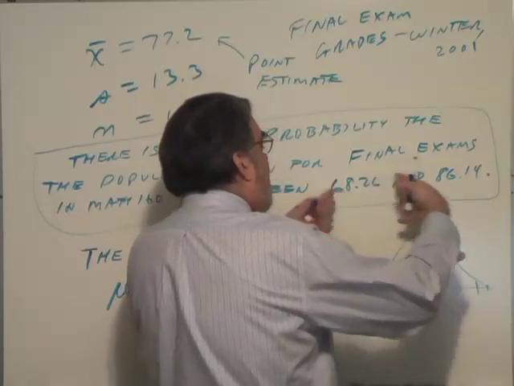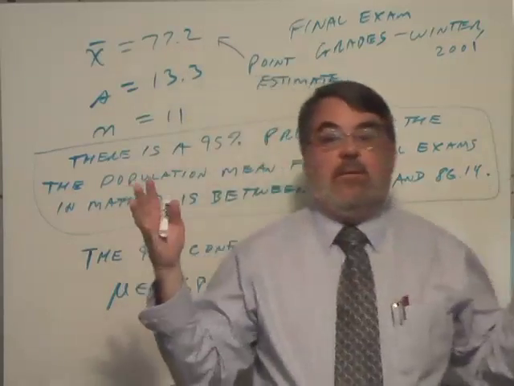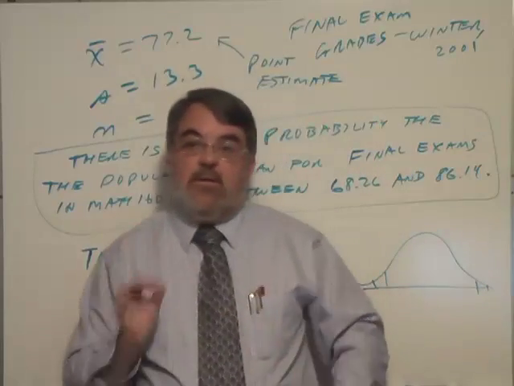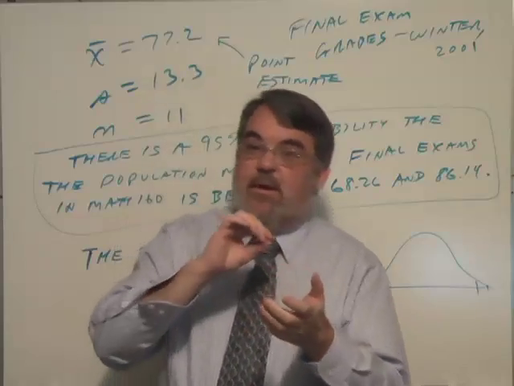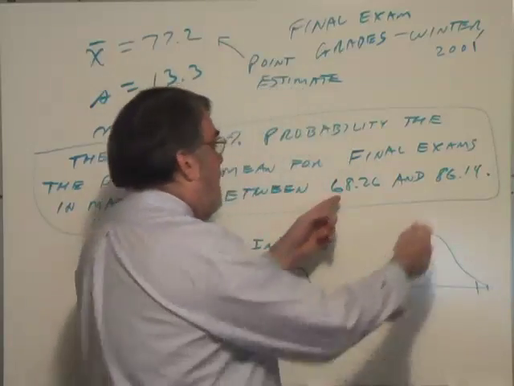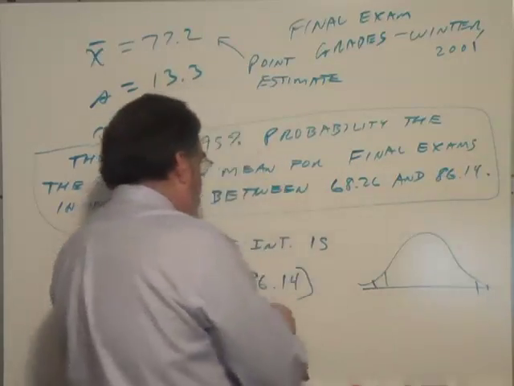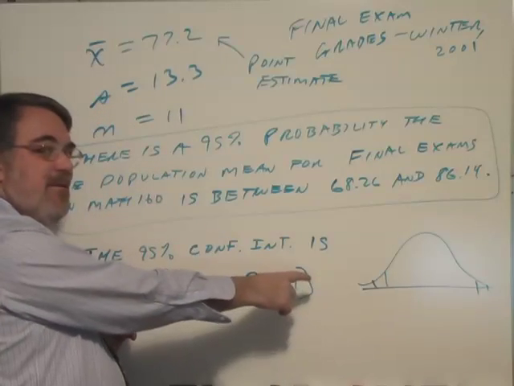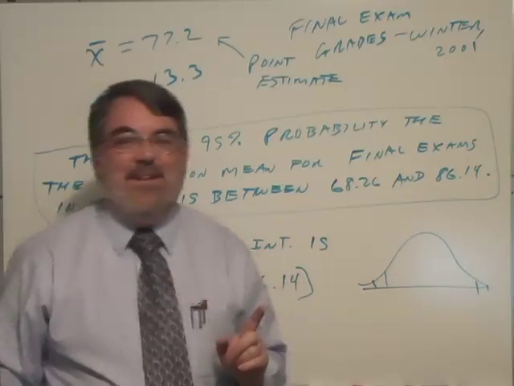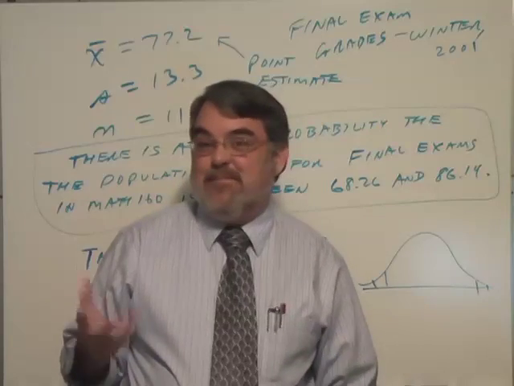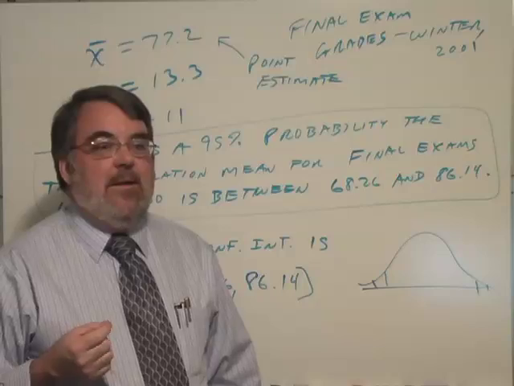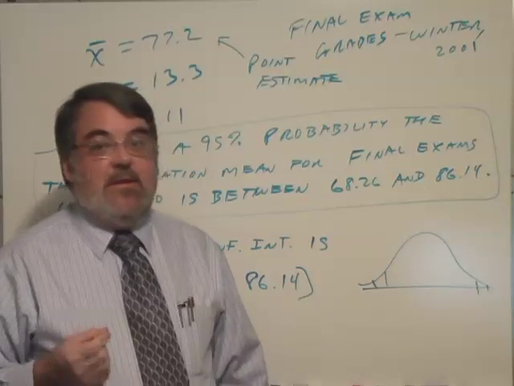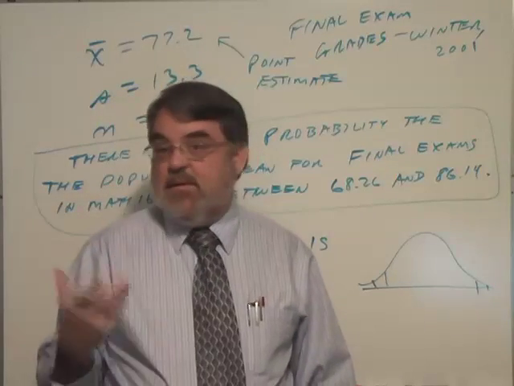It would make for a wider confidence interval. It only makes sense because if you're going to be 98% confident and I have only a 2% chance of error, then I need to expand this. I need to have a wider range of values in order to have less chance of making an error, don't I?